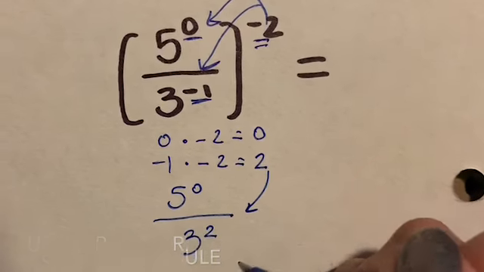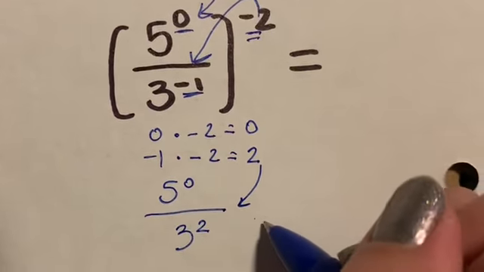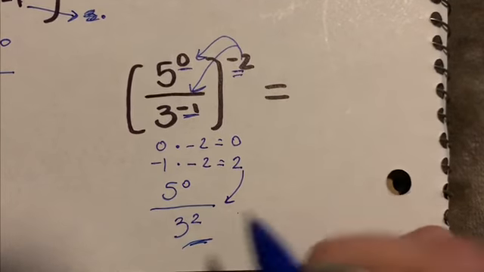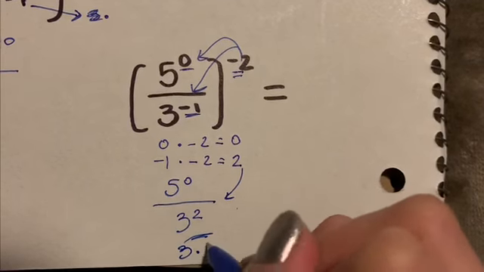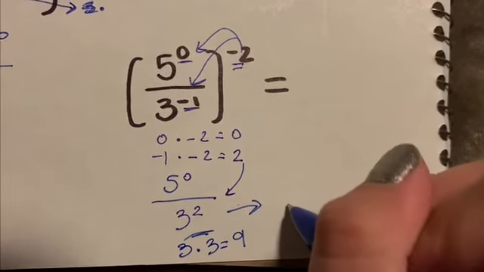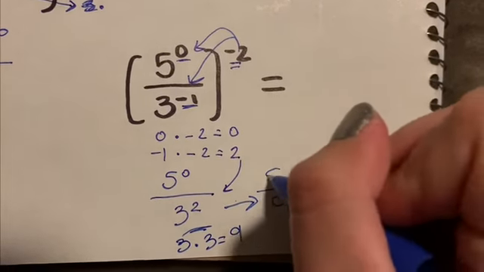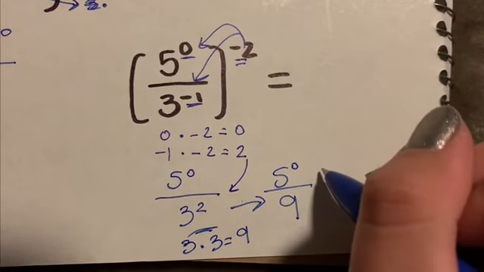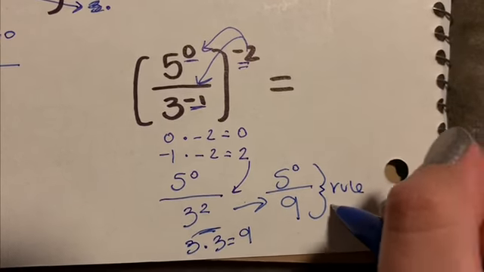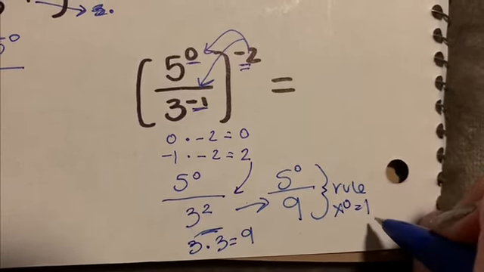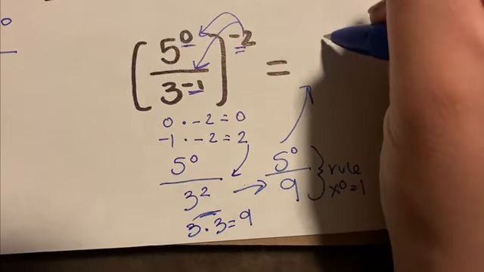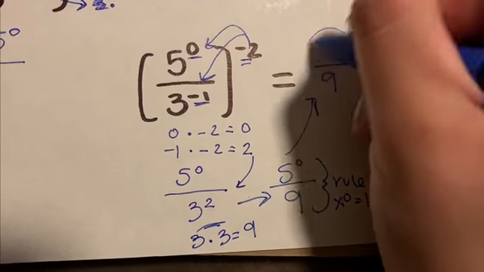Finally, this is where you use the zero exponent rule, where 3 to the second power is 9. And by using the rule, you have 5 to the power of 0, and anything with a constant to the power of 0 equals 1. Your final answer would be 1/9.